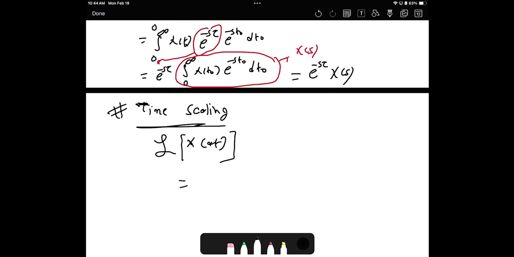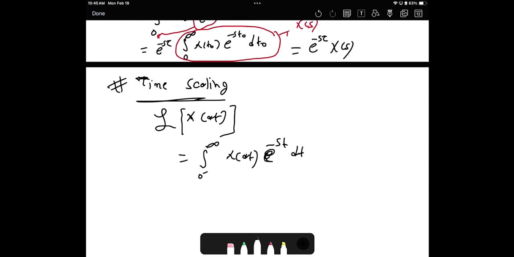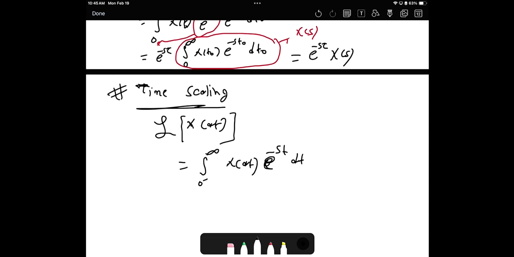Then we will see. So it will be the integral from 0 to infinity x of a t e power negative st dt. The best thing is to do the integral using the change of variables method. You know this from calculus 2.